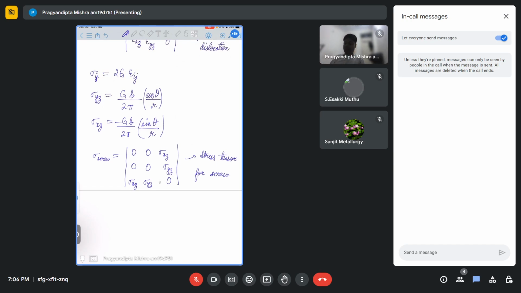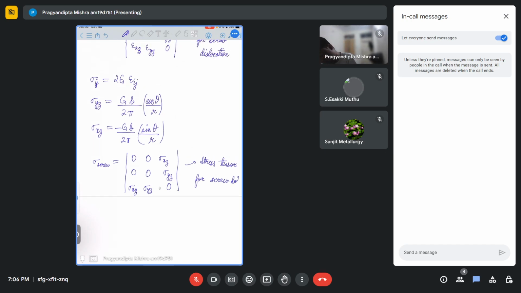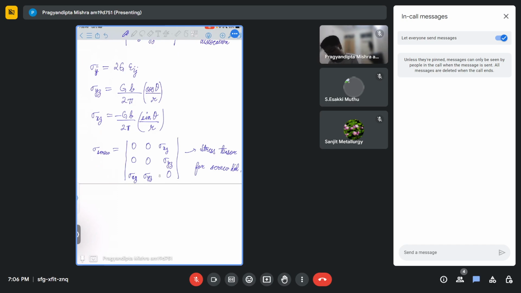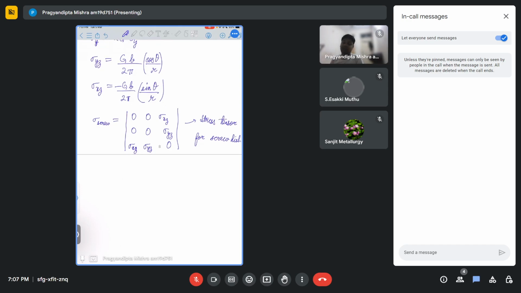Stress tensor for screw dislocation. So essentially, what we have is a dislocation something like this.